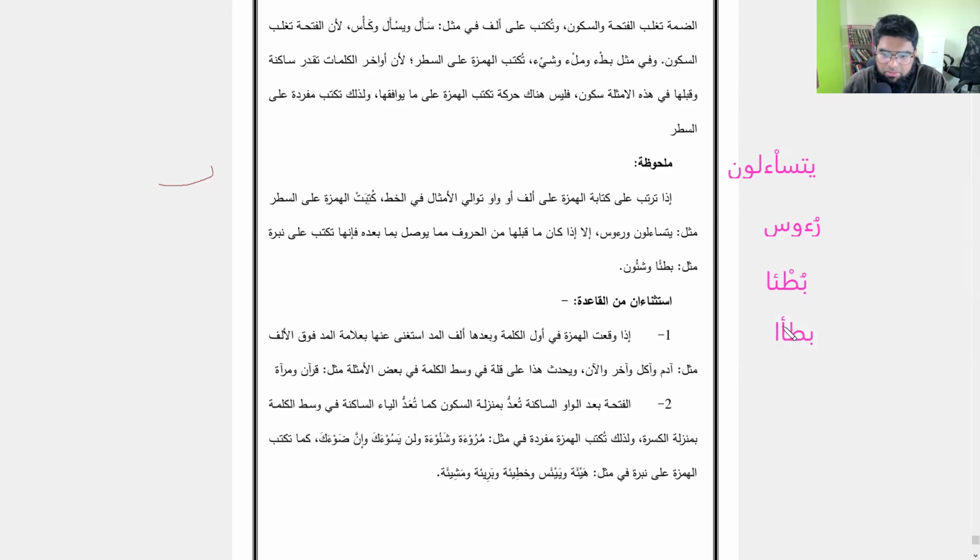They don't like this, see? So they write it like this. They could have written it like this, but again, they don't like this hamza and alif. So you can remember if it comes at the end, write it on a ya. So a lot of exceptions, no? But don't remember the exceptions because exceptions are exceptions.